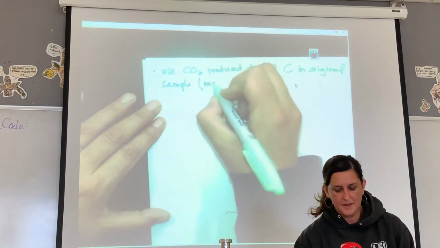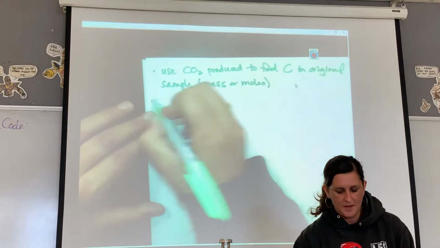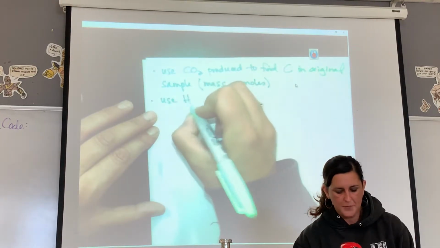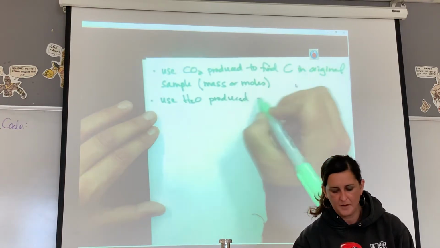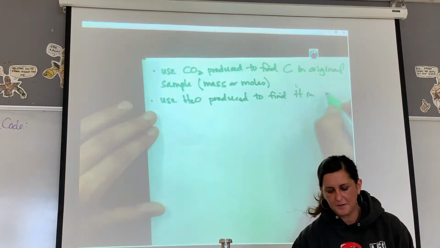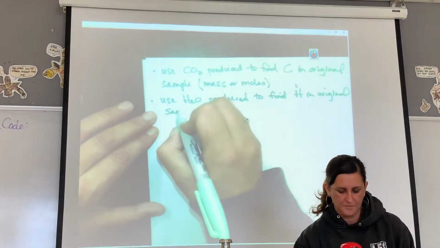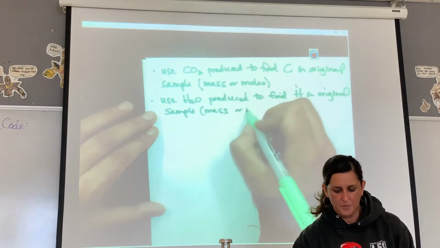That could be mass or moles. And you're going to use the water produced to find the hydrogen in the original sample, and that could also be mass in grams or moles.